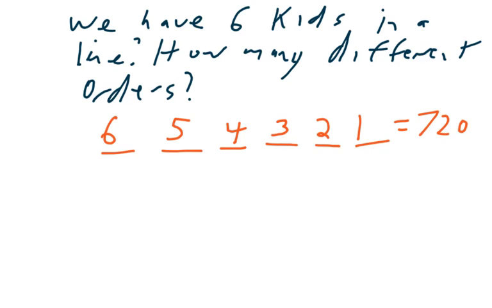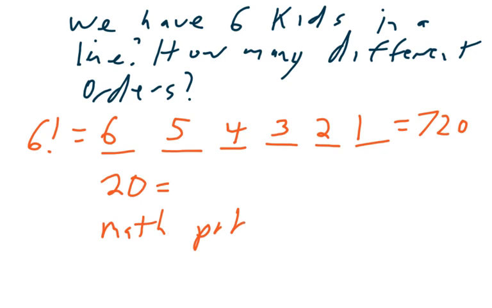Now, of course, if I change this to 20 kids, we wouldn't want to take the time to multiply 20 times 19. So this is actually called 6 factorial, and the exclamation point is the factorial. If you hit the math button and go over to the PRB menu, that's where you can find your exclamation point.